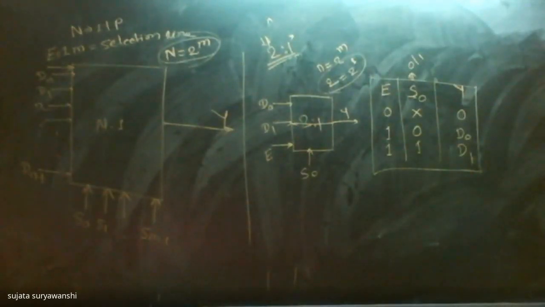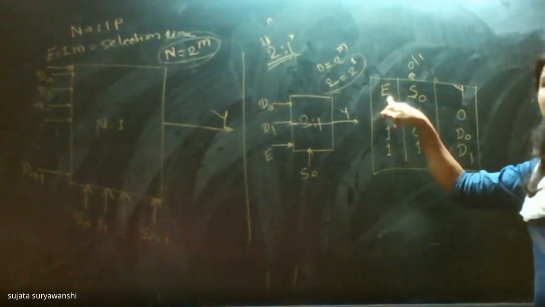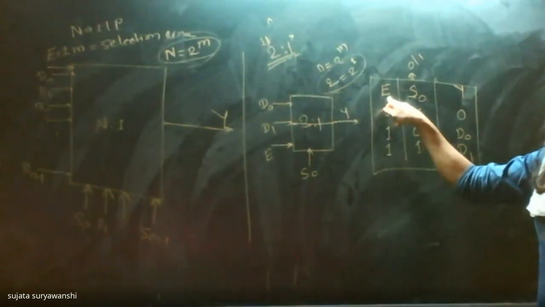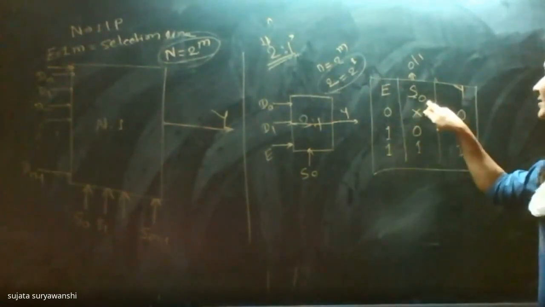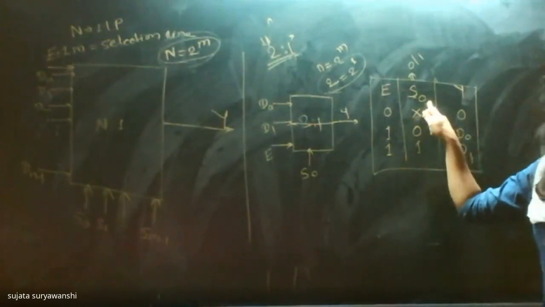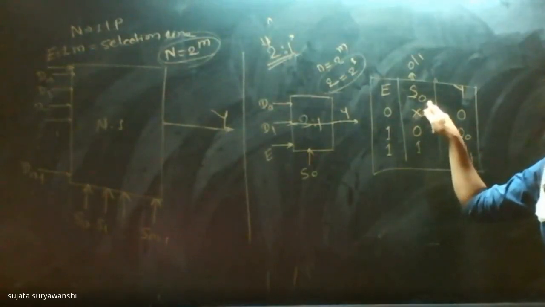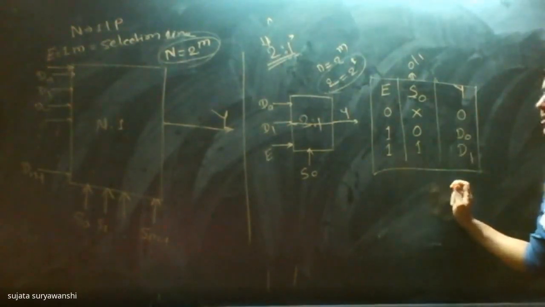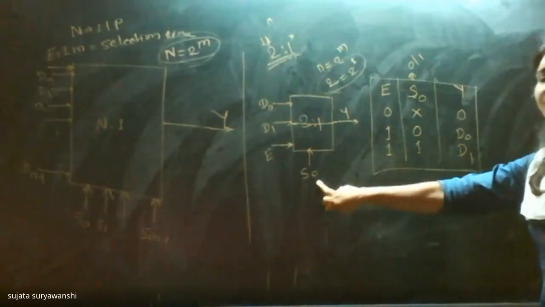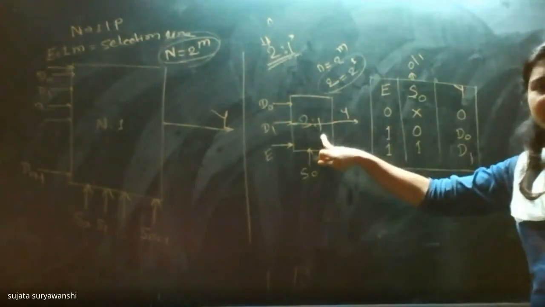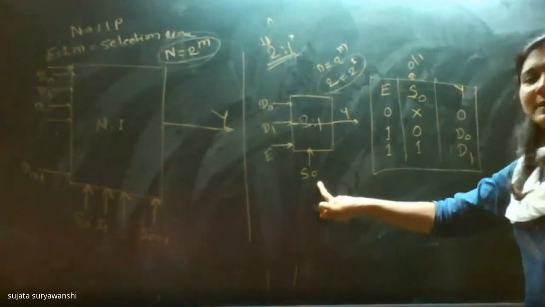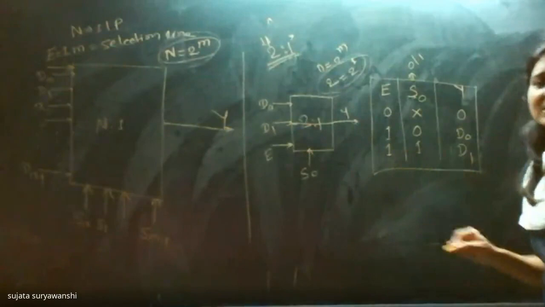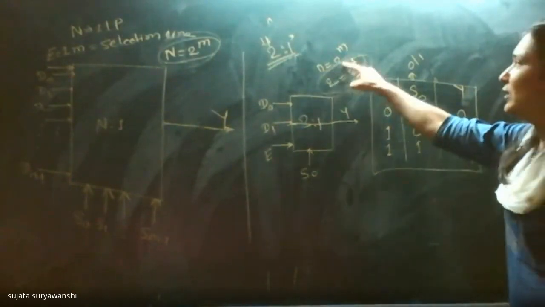Yes, any doubt? Here, input bit E is there. Your multiplexer will work only when E is equal to 1 and S0 is the select line which is used to select the specific input line and connect it to the output line Y. So, only a single select line is there in case of a 2:1 multiplexer, which depends upon the formula n is equal to 2 raised to m.